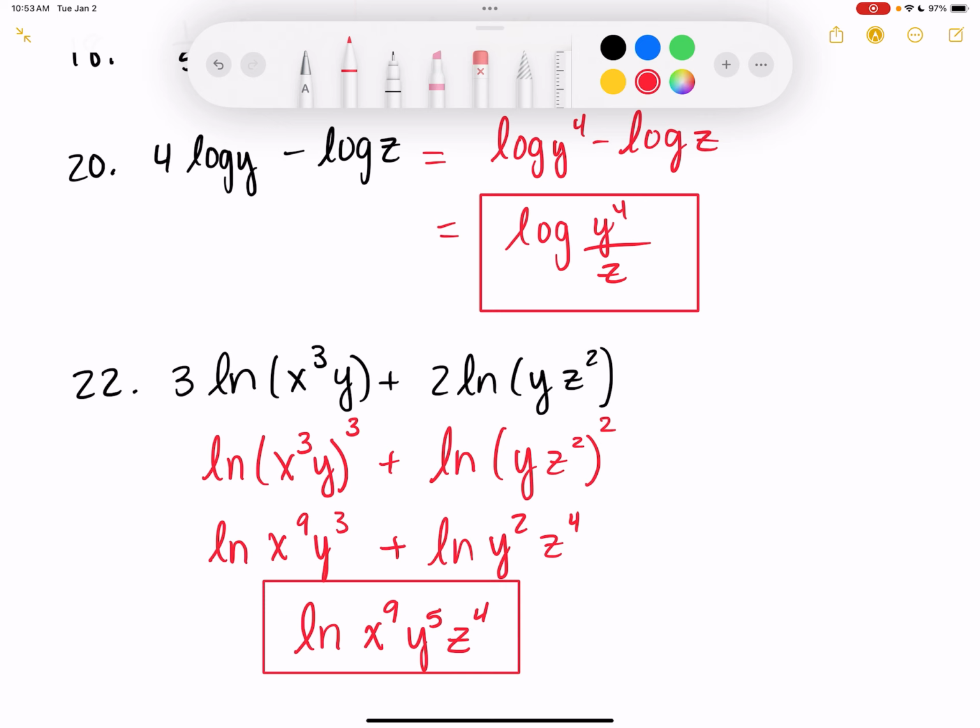The last thing for this section is change of base formula, which I used to not really like. When I was in school, I used to not understand change of base. I was like, I don't get it. It doesn't make sense. It's actually really easy. And it's the way that if you have a calculator that doesn't allow you to put in a log base something, it allows you to solve it.